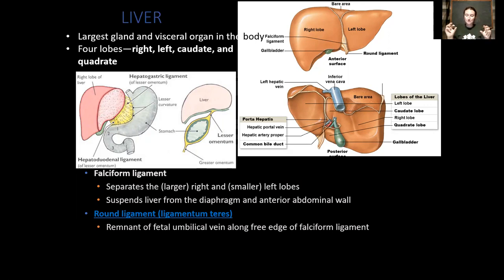So going from your navel, your belly button, and actually delivering blood that has just picked up oxygen from mom directly to your heart. Okay, and so that structure never actually disappears. It's going to stay within your body. It just doesn't need to be a blood vessel anymore after you're born. And so it turns into a ligament.